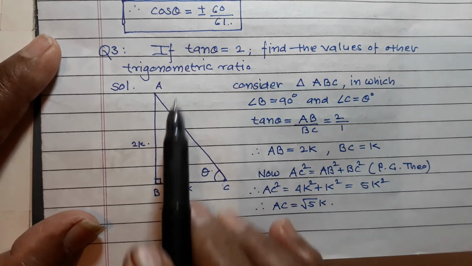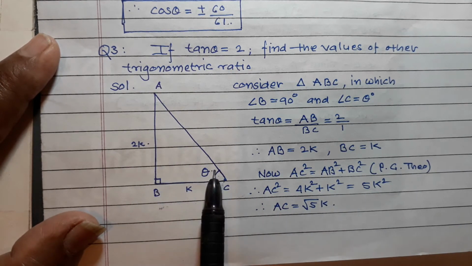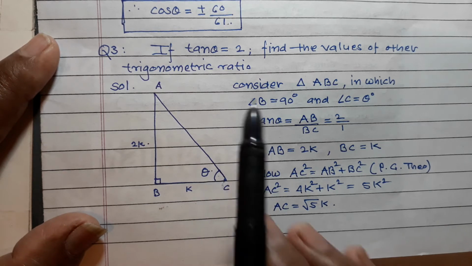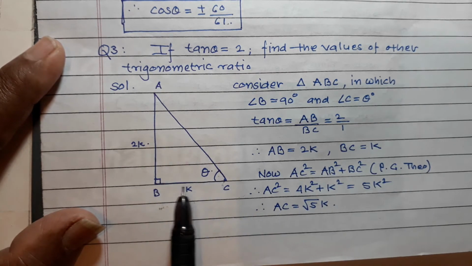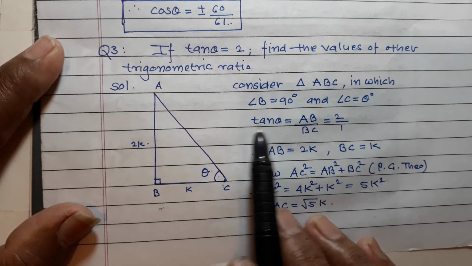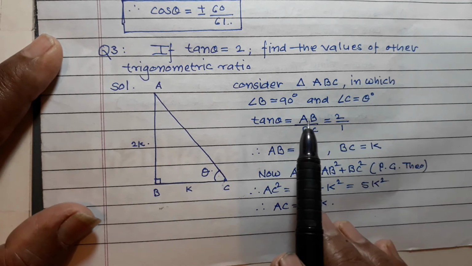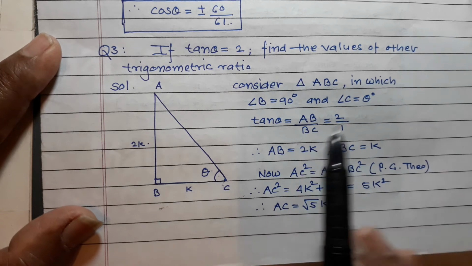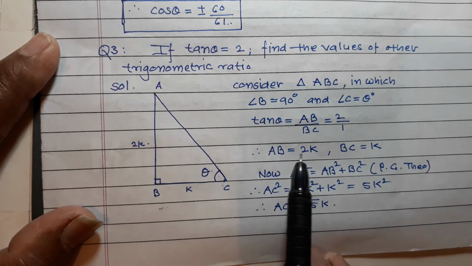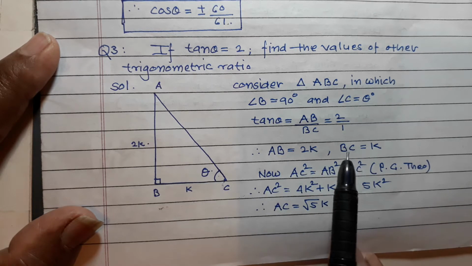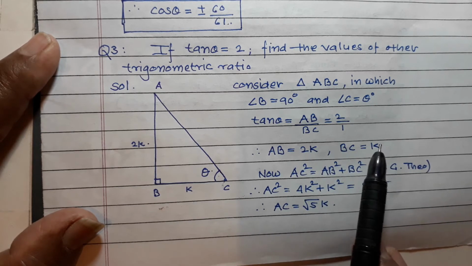So suppose this is a right angle triangle at B. This angle is theta, and then by means of the given tan ratio find the two sides. Therefore tan theta is equal to opposite side upon adjacent side, that is AB upon BC is equal to 2 upon 1, and hence AB is equal to 2k and BC is equal to k, where k is a common multiple.